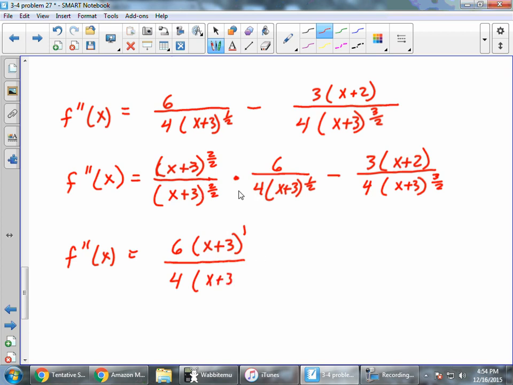And this is 2/2 plus 1/2 gives us our 3/2. I'm not going to do that in detail this time. I think we can see that. Minus 3 times the quantity x plus 2 over 4 times the quantity x plus 3, also to the 3/2. So we're getting closer and closer all the time.